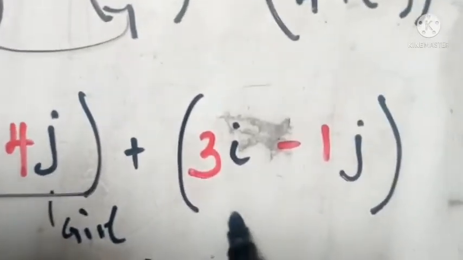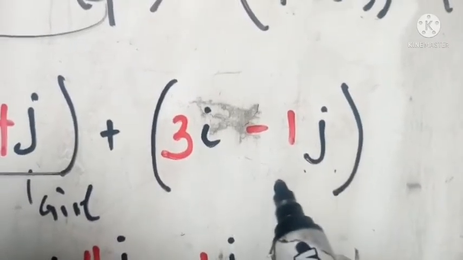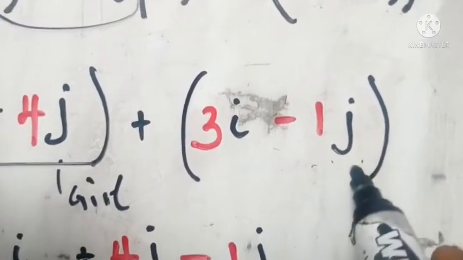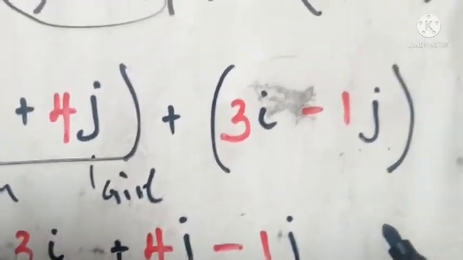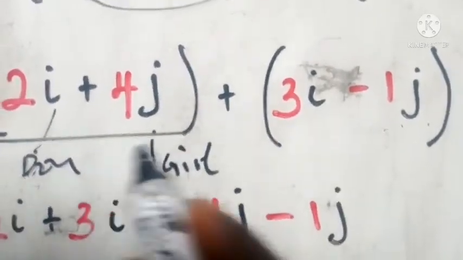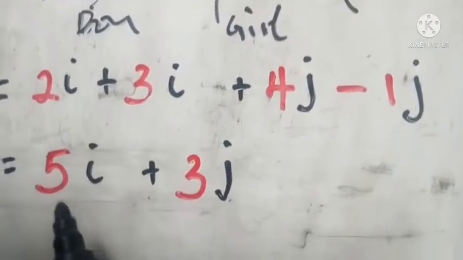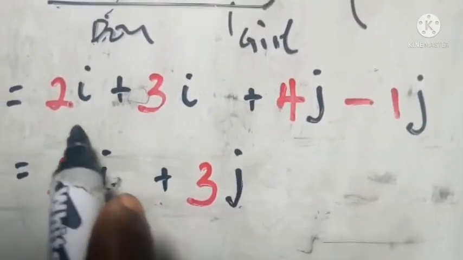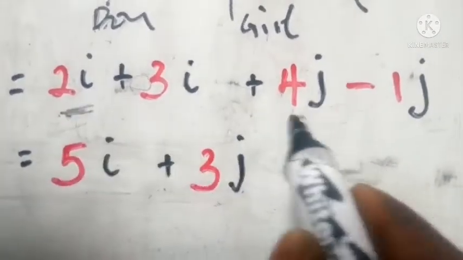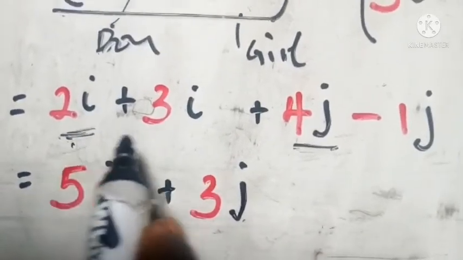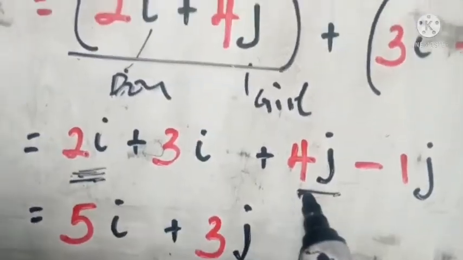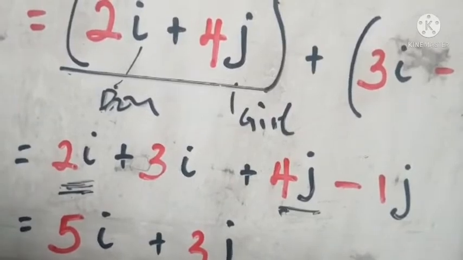And then the second one is 3i minus 1j. This negative 1j can just be negative j. Remember, i to i, meaning a boy to a boy, and a girl to a girl. So here the same thing: this is a boy here, and I have another boy here.